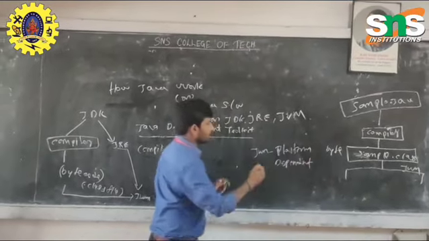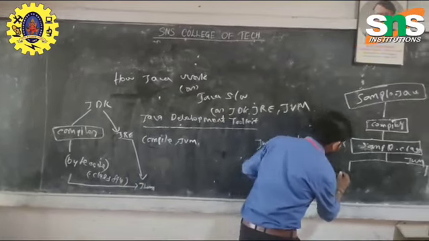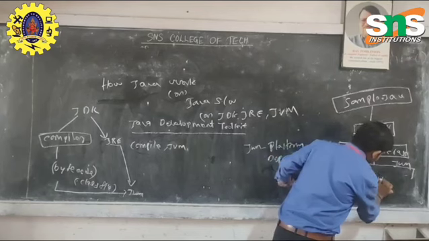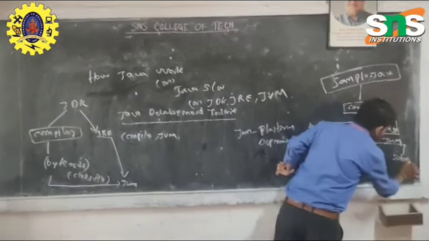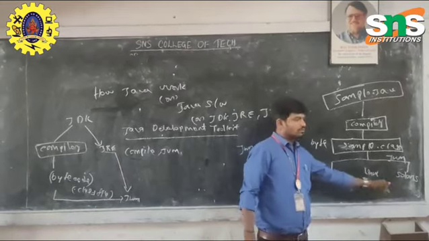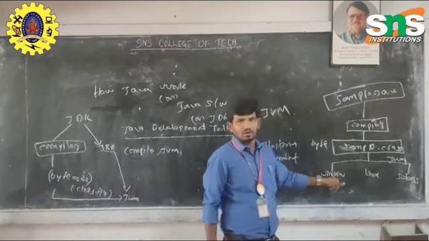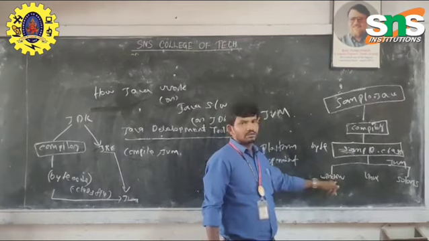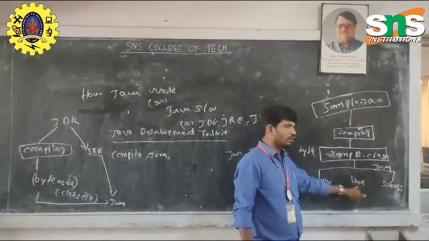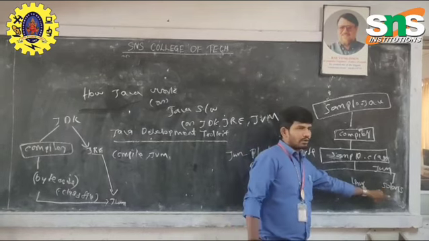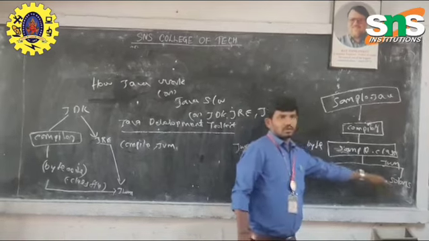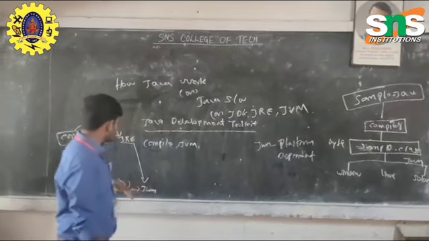It is platform dependent because we may use Windows or Linux or Solaris, so it is based on the different operating system. For example, if we use Windows, it is executed in the Windows JVM. If we use Linux, it is executed in the Linux JVM. And if we use Solaris, the program is executed in the Solaris JVM. So that is the main use of JVM.